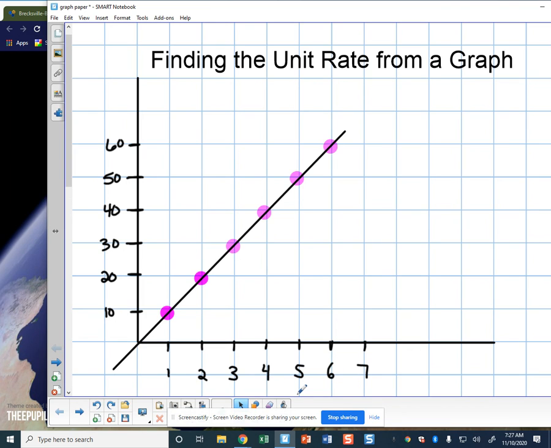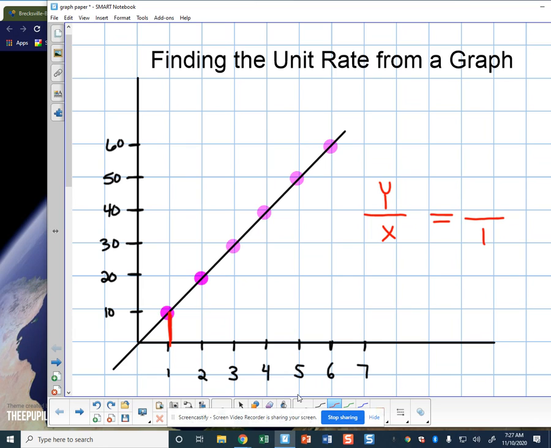The first one has an x-axis that goes in increments of 1 and a y-axis that goes in increments of 10. Remember, to find our unit rate, we are going to have y over x. What is easy about this first one is when you see an x that has a 1 and a dot on the 1 where the x is, that makes our life a lot easier because now we've already figured out what our x coordinate is.